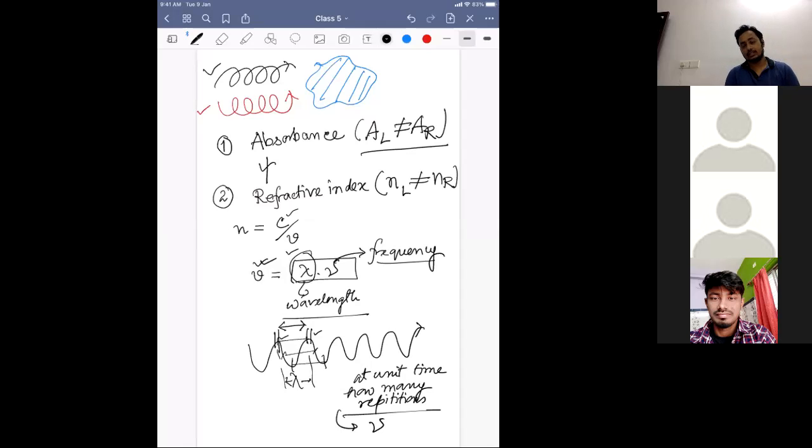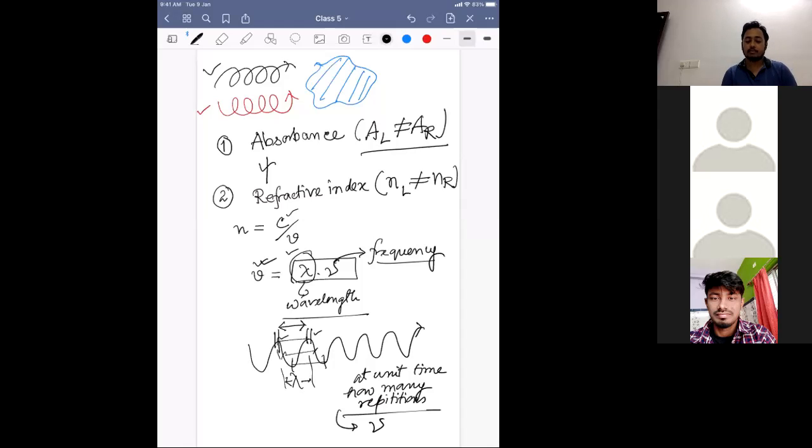Whenever we talk about the refractive index of a molecule, we generally mention the wavelength where we are measuring it. Similarly, when we talk about a change in the refractive index, that means optical rotation, we also have to mention which wavelength we are talking about, because depending on the wavelength the velocity changes and the refractive index also changes.